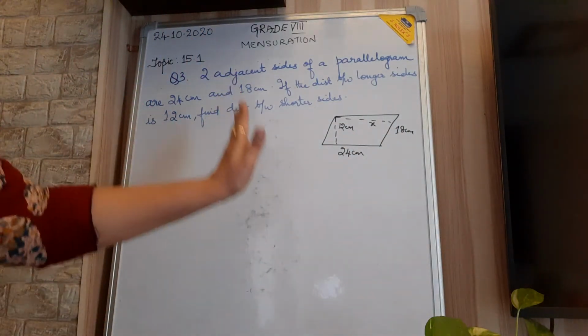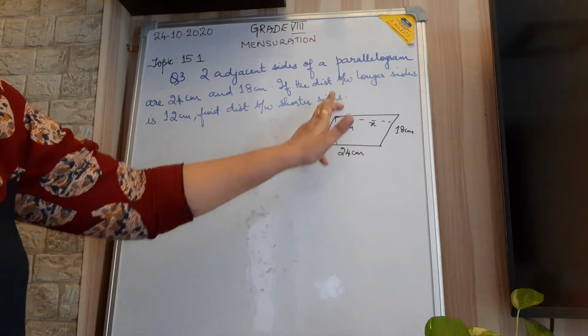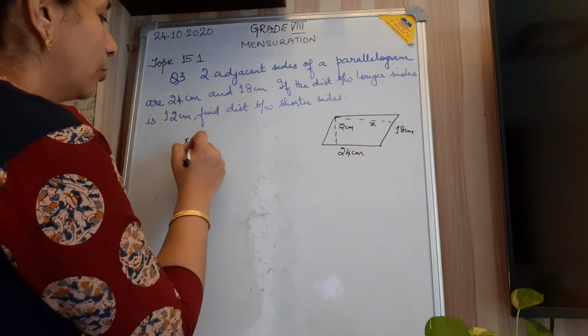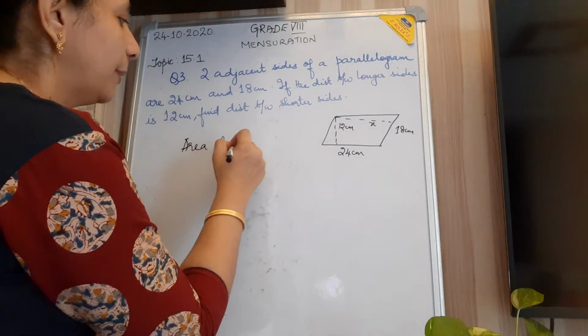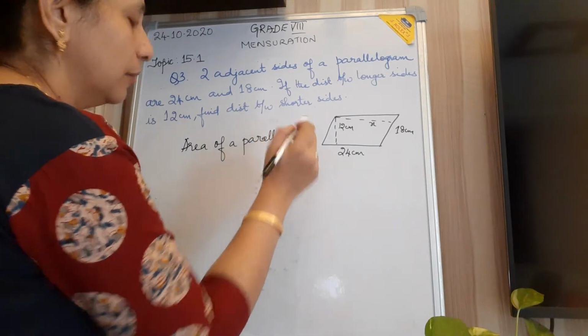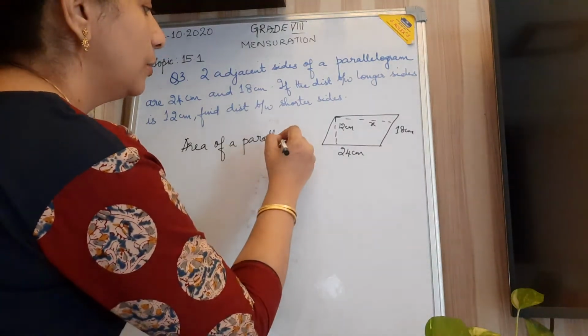How are you going to find? First you will find the area. If the parallelogram is given, this is the base you can consider and this is the height. So area of a parallelogram, what is the formula? The formula is BH, base into height.